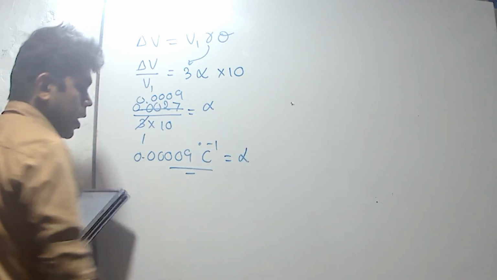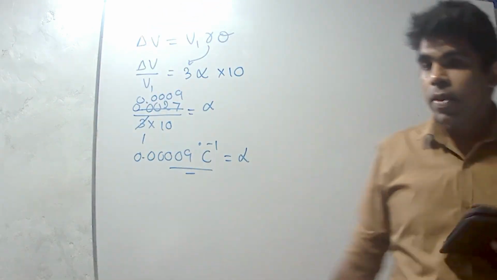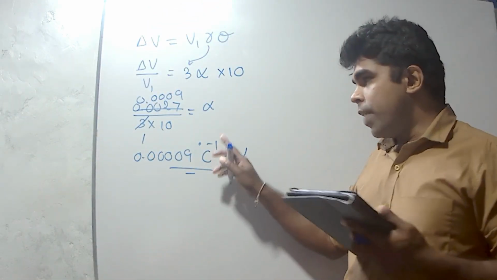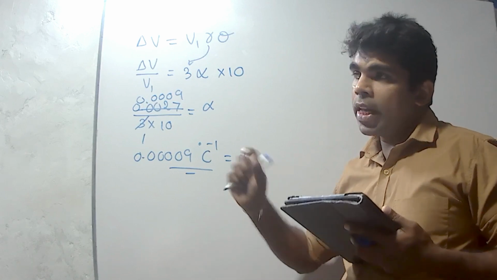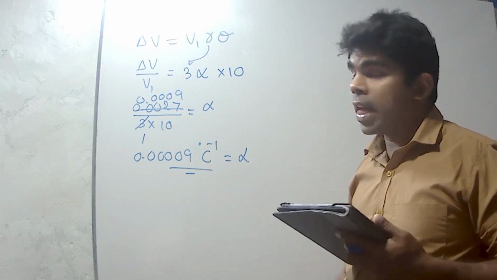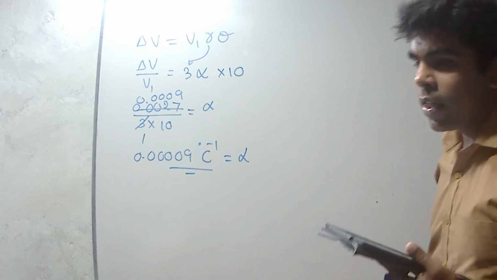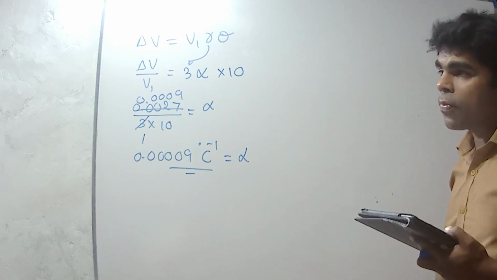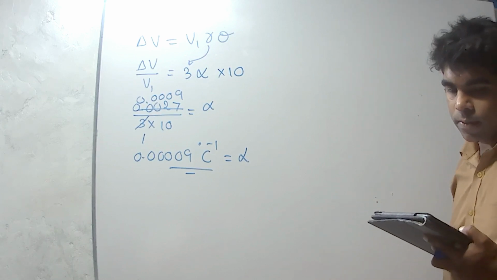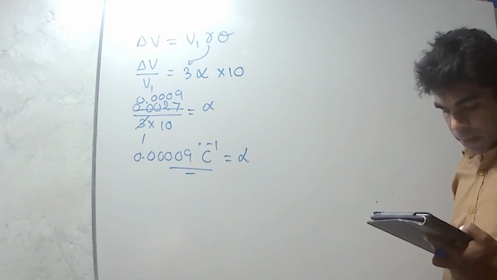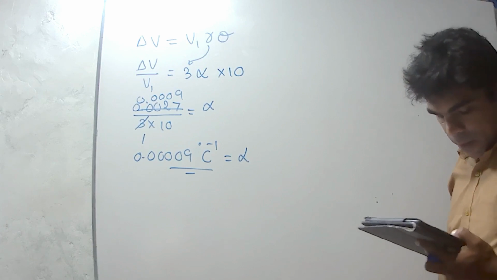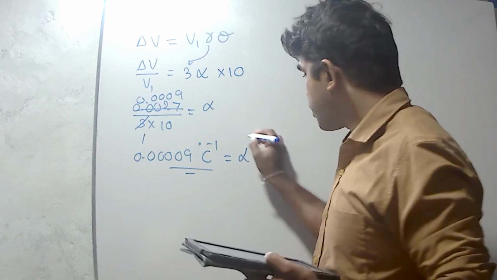We can use per Celsius or per Kelvin because we are using a 1 degree difference. A 1 degree difference in the Celsius scale is equal to a 1 degree difference of the Kelvin scale. The answer should be 2.